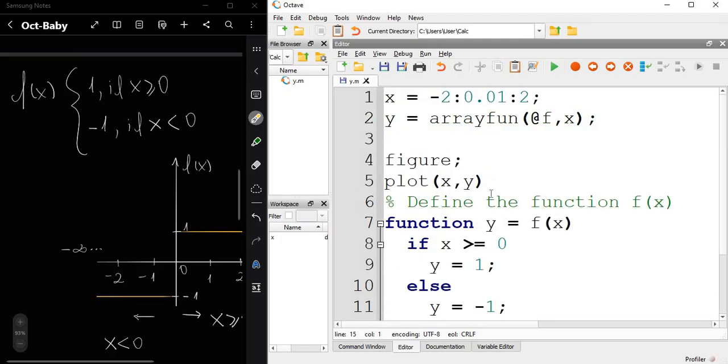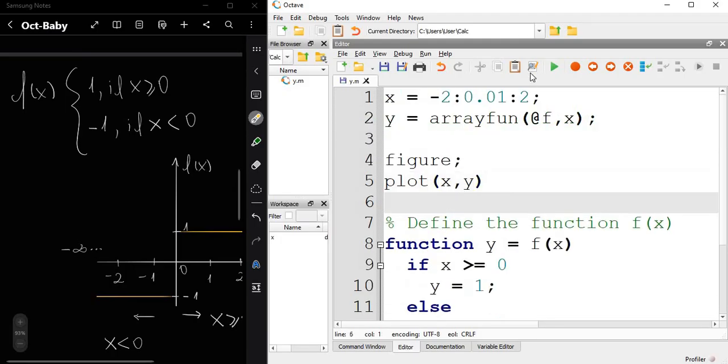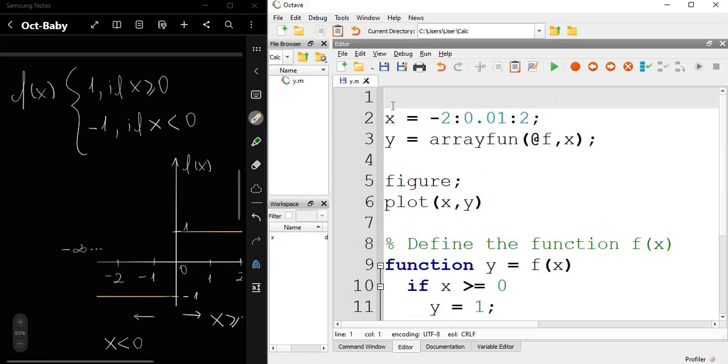Let me try this way. So first, attributing the x, the ranges of the x. So this is x range.